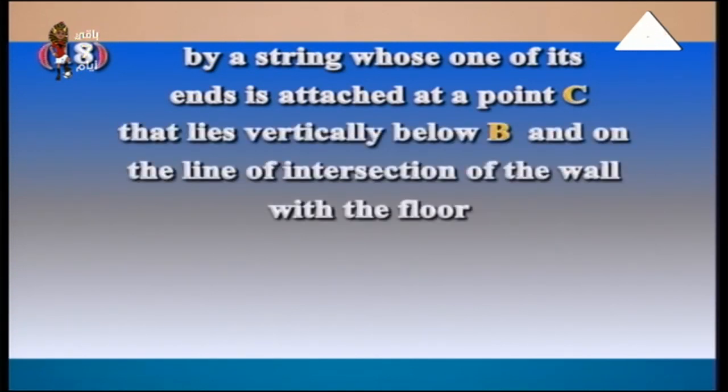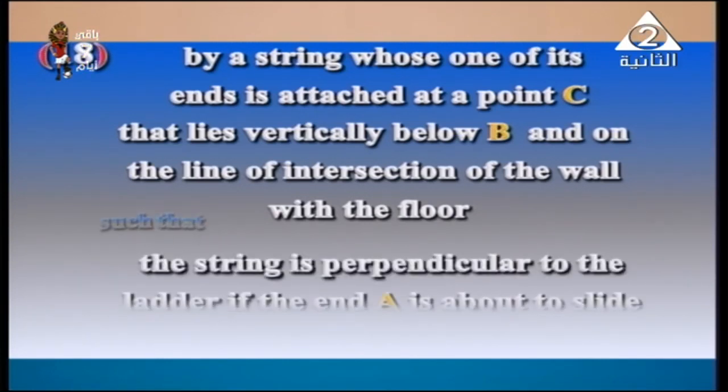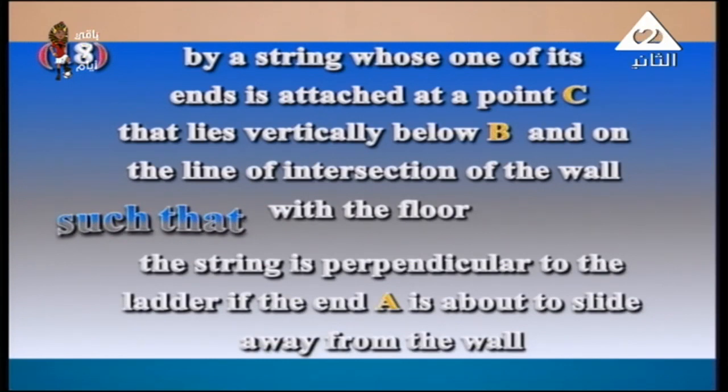by a string, one of whose ends is attached at point C that lies vertically below B and on the line of intersection of the wall with the floor, such that the string is perpendicular to the ladder if the end A is about to slide away from the wall.